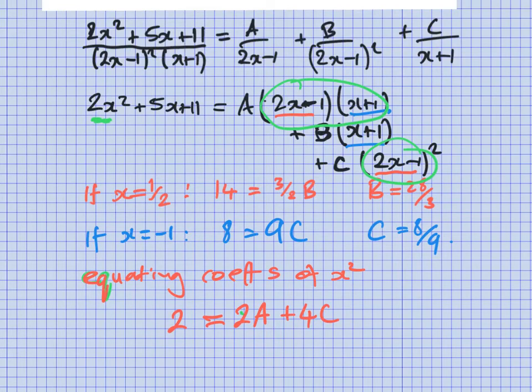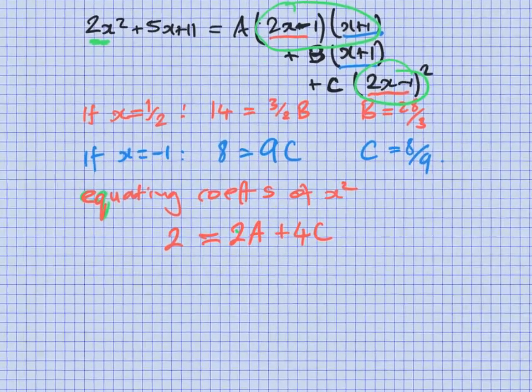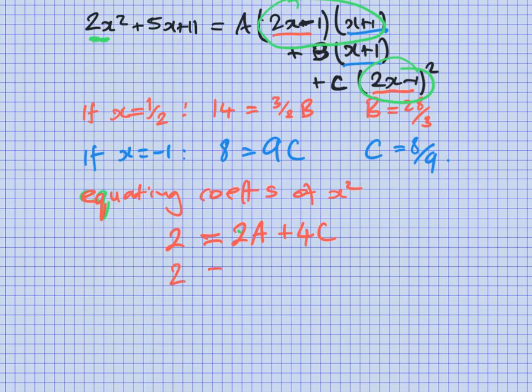I already know that c equals 8 over 9. So 2 equals 2a plus 4 times 8 over 9, 32 over 9. Doing the subtraction, that gives me that 2a will equal minus 14 over 9. So a is minus 7 over 9. Lovely. Got all of the values that we needed.